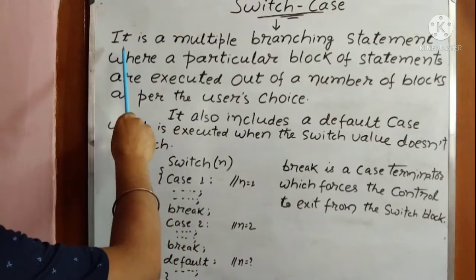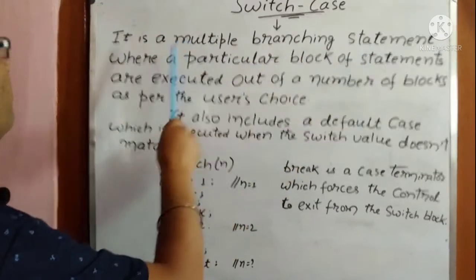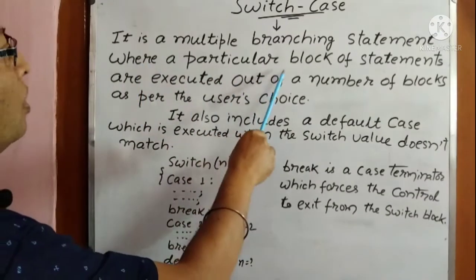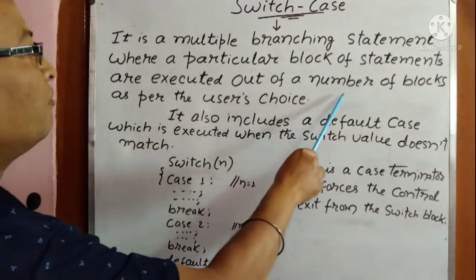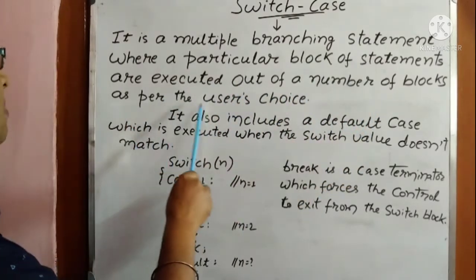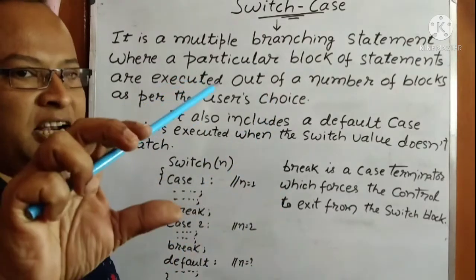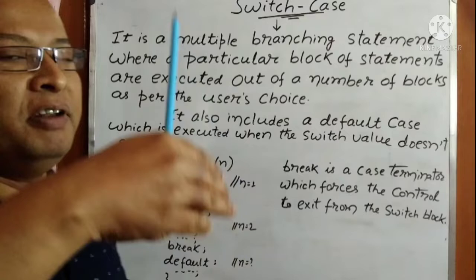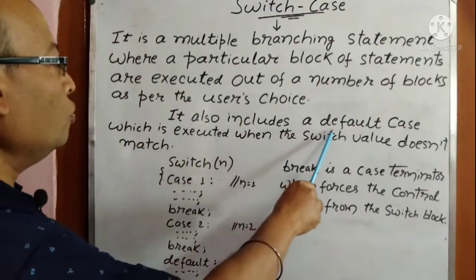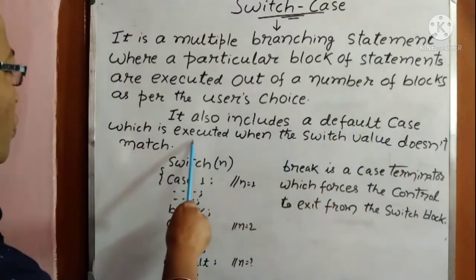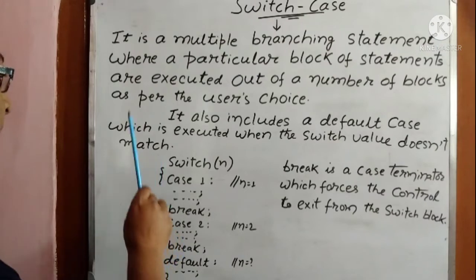Switch case is a multiple branching statement where a particular block of statements is executed out of a number of blocks as per the user's choice. Only one block of statements will be executed out of the number of blocks. It also includes a default case which is executed when the switch value doesn't match.